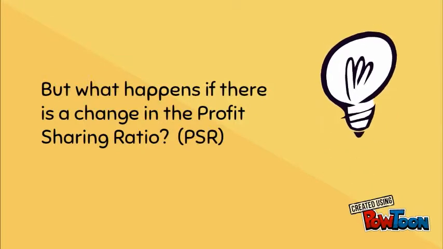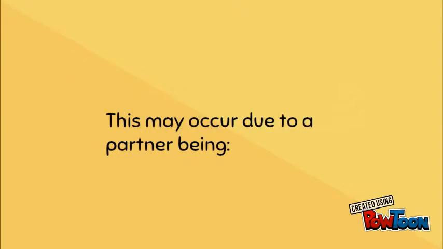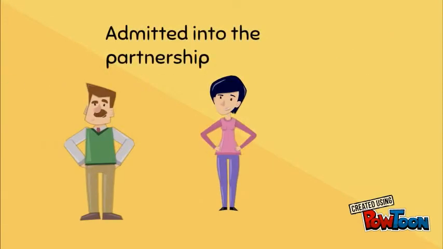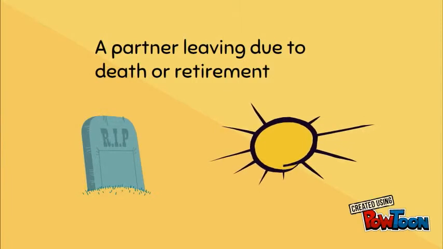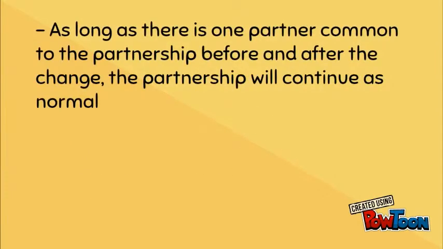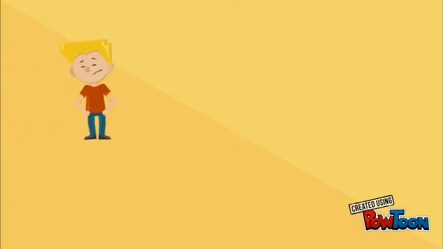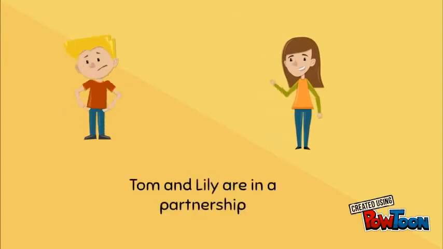What happens if there is a change to the profit sharing ratio? This may occur if a partner is being admitted into the partnership, or a partner leaving due to death or retirement, but as long as there's one partner common to the partnership before and after the change, the partnership will continue as normal. So Tom and Lily are in a partnership.